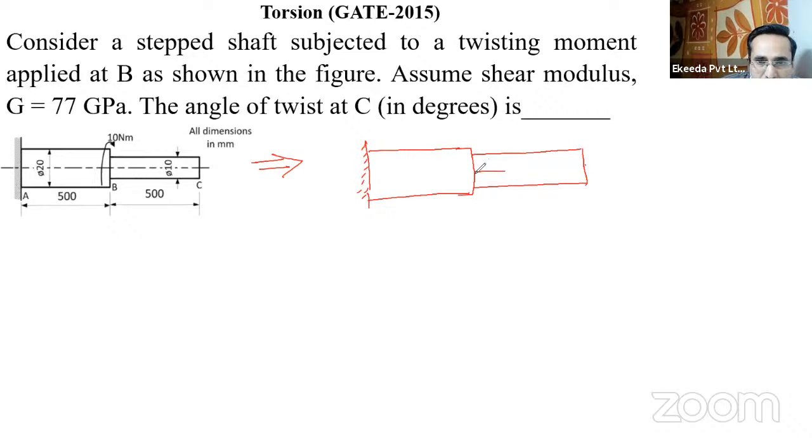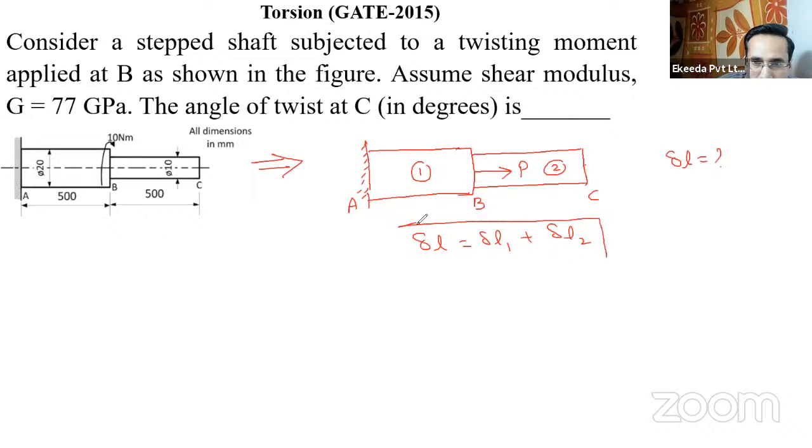What will happen? We have to find out the total deflection, delta L. So total deflection will be delta L1 plus delta L2.